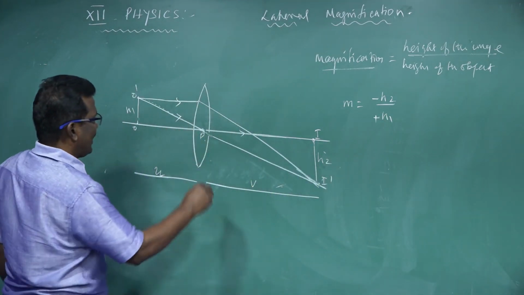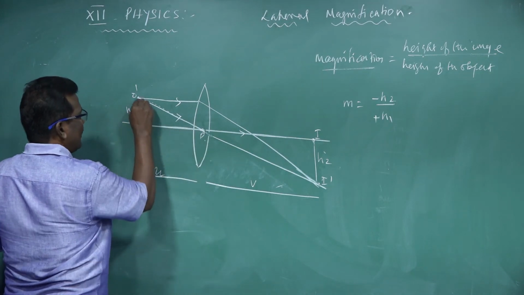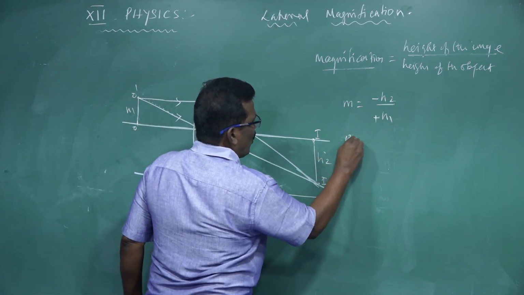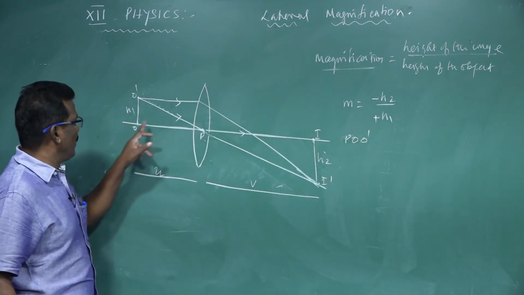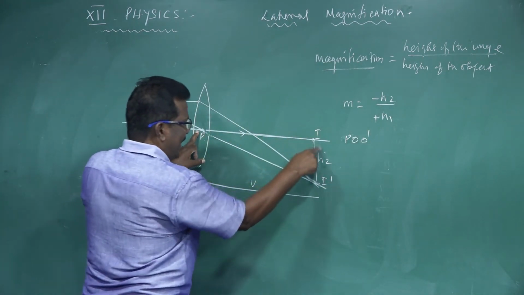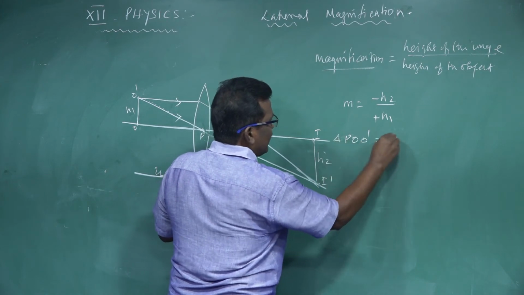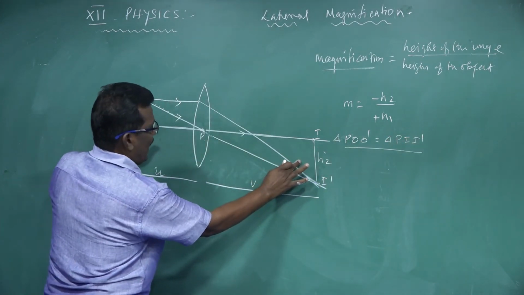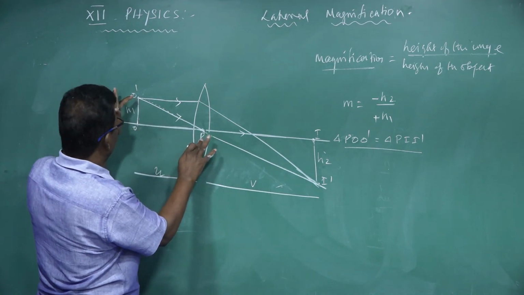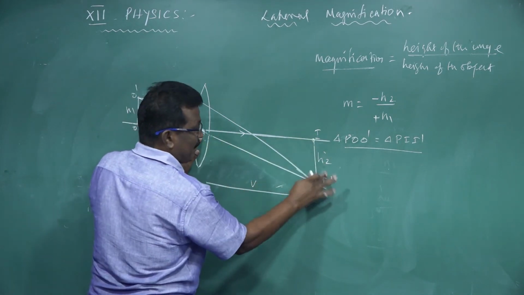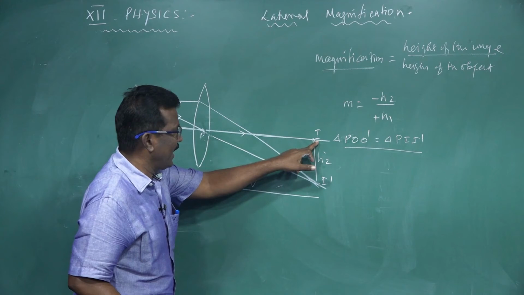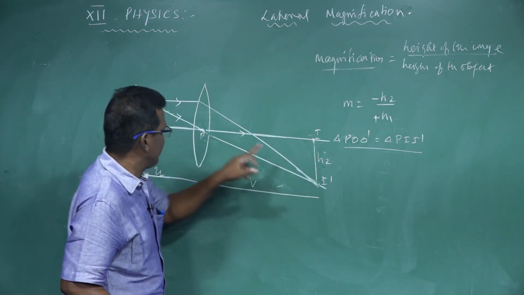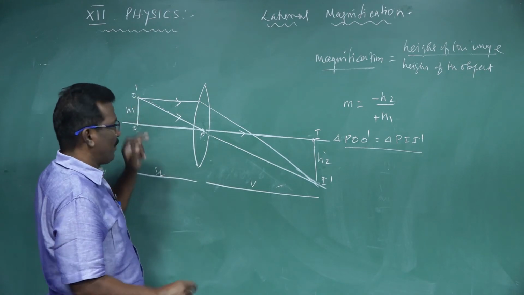There are two triangles, POO prime and PII prime, with two equal angles. In these, PI corresponds to PO, and I prime I corresponds to OO prime.